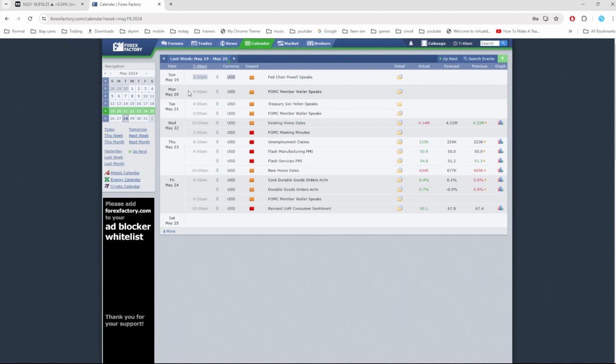And we also had Fed Chair Powell speaking on Sunday, which is not a red folder, but that adds an extra level of erratic, choppy, messy price action. But the main factor here is we have FOMC meeting minutes on Wednesday, and this was 2 p.m., which would be classic PM session. So ideally, Monday and Tuesday, I expect some type of chop, smaller range.